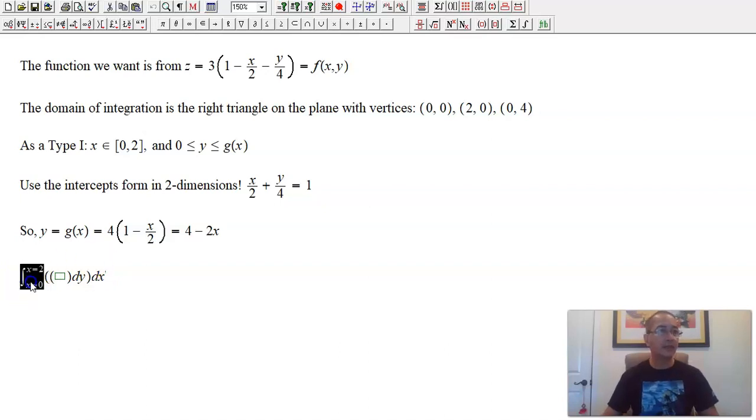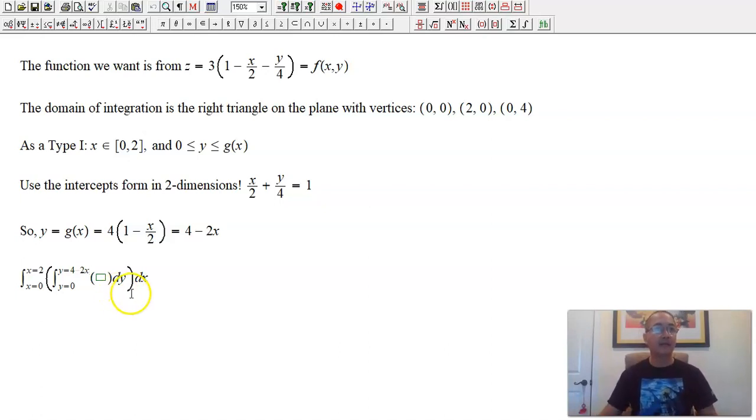And I guess I'll just copy this and turn x into y. Y goes from 0, so that's already correct. And then the upper limit is 4 minus 2x. So great, we have 4 minus 2x.